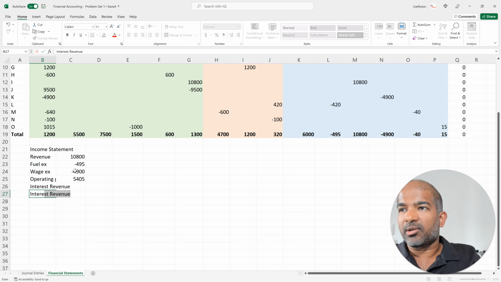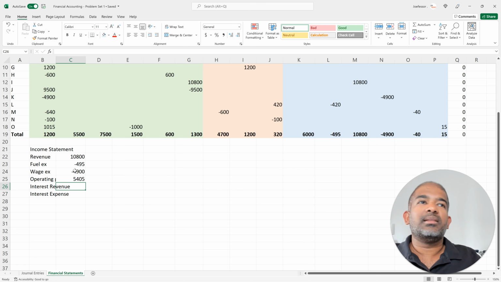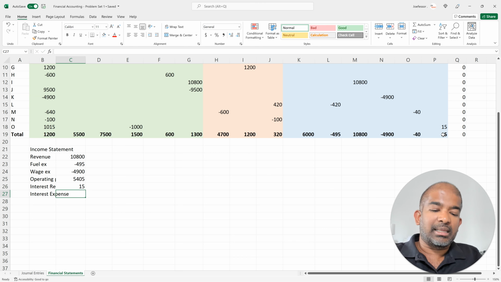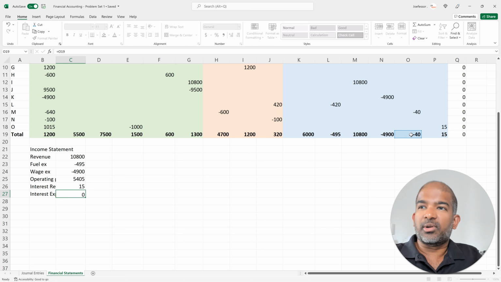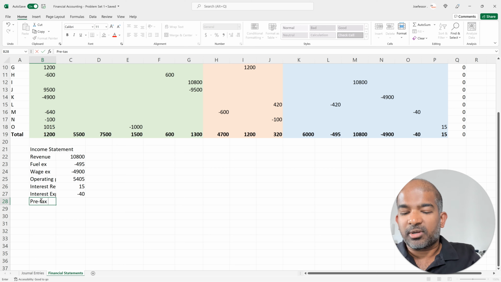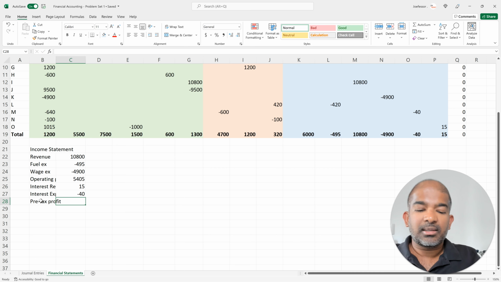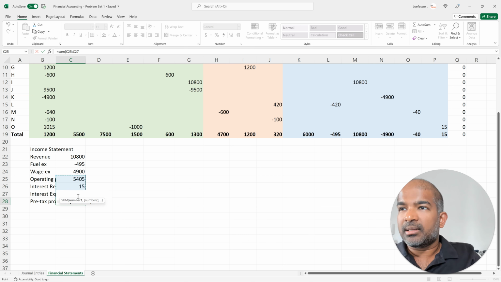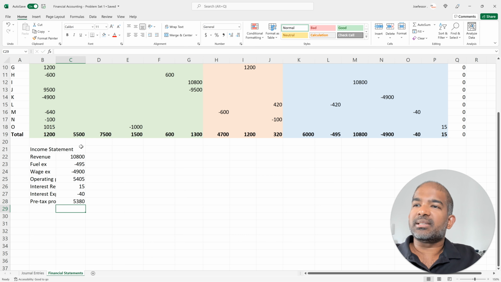Then I have my interest revenue or interest income, and I also have my interest expense. The revenue I've generated from interest is $15 and the expenses I've paid is this $40. So now my final profit, let's call it the pre-tax profit, is the sum of the operating profit we calculated plus the interest revenue after eliminating the interest expense.